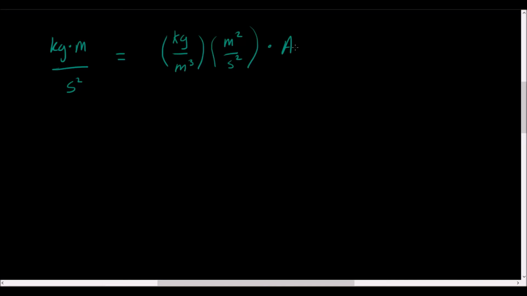So here I can immediately cancel out these two meters up here with the 3 that are in the denominator. So I can just scratch out this 3. Let's go ahead and do this. So now we have 1.